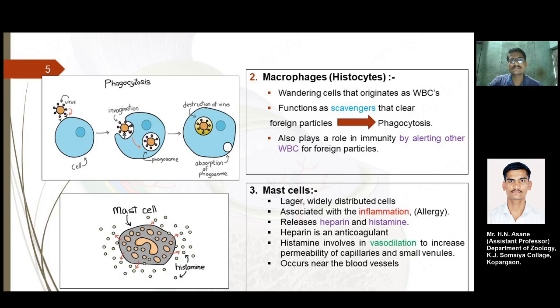The origin of these macrophages is the white blood cells, formed in the bloodstream by hematopoiesis. We are going to study the general idea of hematopoiesis at the end. This is not in your syllabus, but we are going to take a general idea about how these cells originate, how RBCs originate.